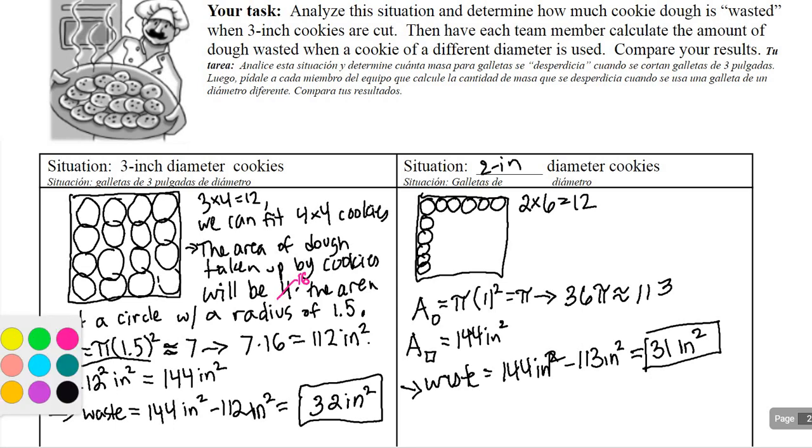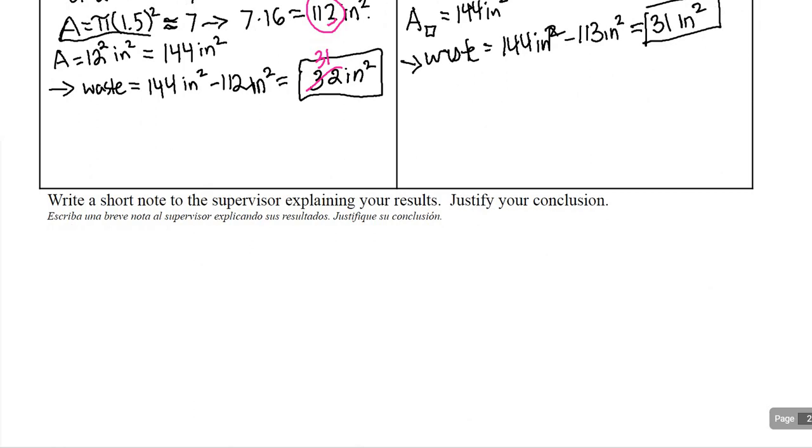Turns out that the diameter of the cookie, the amount of waste will always be the same.